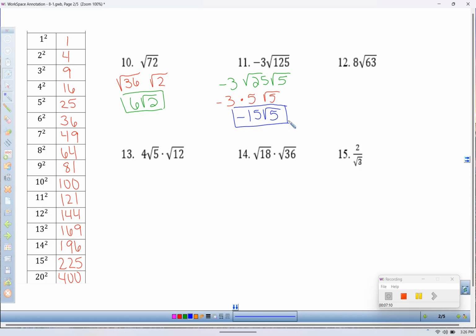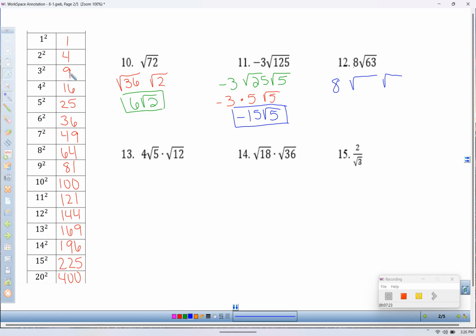All right, looking at number 12, I have 8 times the square root of 63. Once again, the 8 is on the outside of the radical. I will bring it down for the ride. And I need to find a perfect square that goes into 63. Looking over here, I can start trying to find some numbers. I want the largest one. If I push in my calculator, the way I would do it is 63 divided by, and I start trying perfect squares.